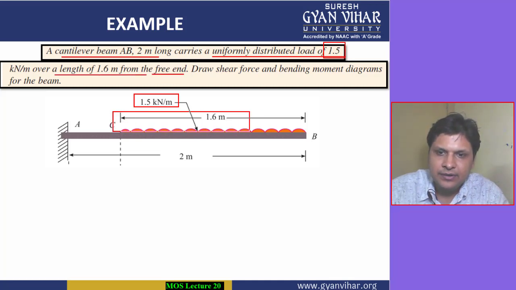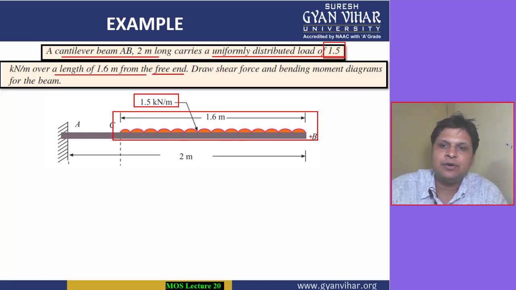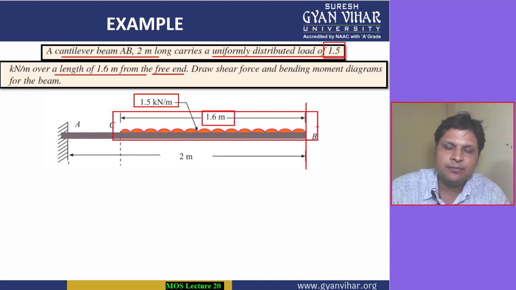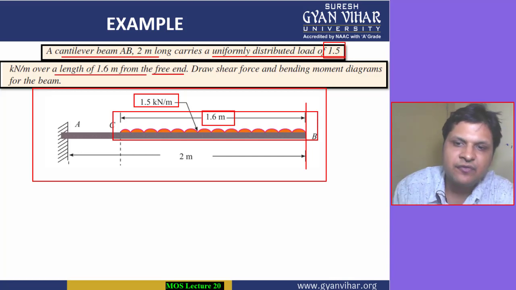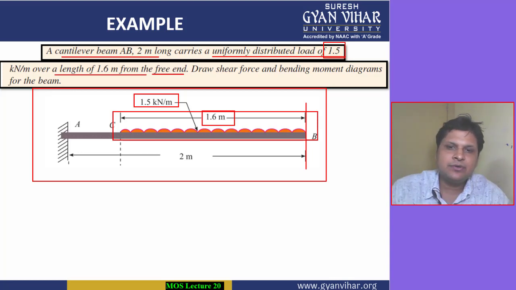So basically this is the location of the uniformly distributed load. It is till the distance of 1.6 meter from this point B. So as per the given values, we have drawn this cantilever beam loaded with UDL for a distance of 1.6 meter from the free end. Total length of the beam is 2 meter.